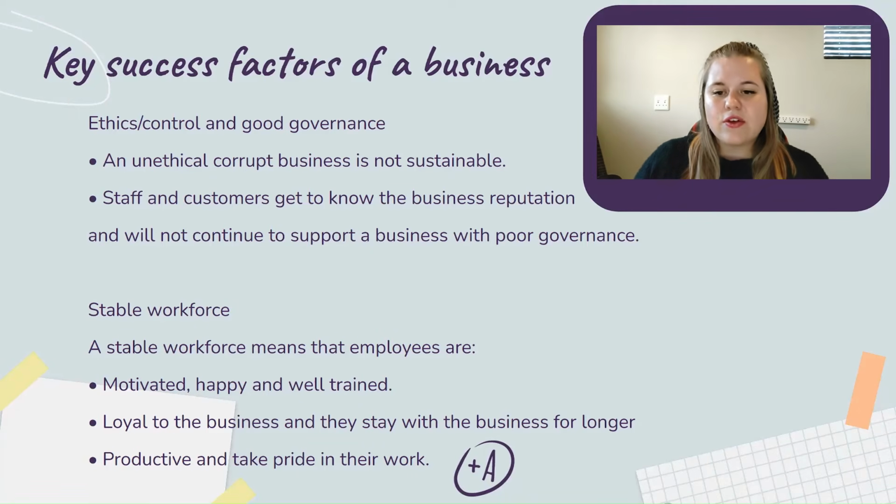An unethical, corrupt business is not sustainable. Staff and customers get to know the business's reputation, and they will not continue to support a business with poor governance. Stable workforce. It means that employees are motivated, happy, well-trained, and loyal to the business, and stay with the business for longer. They are productive and they take pride in their work.